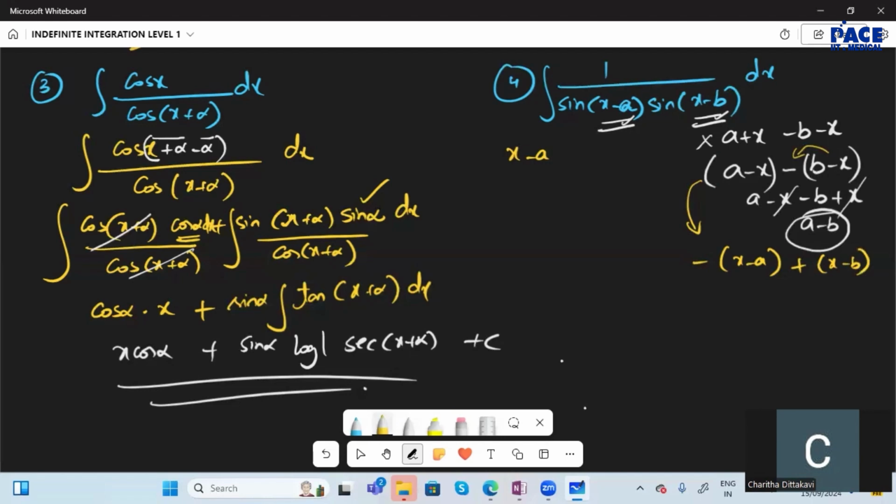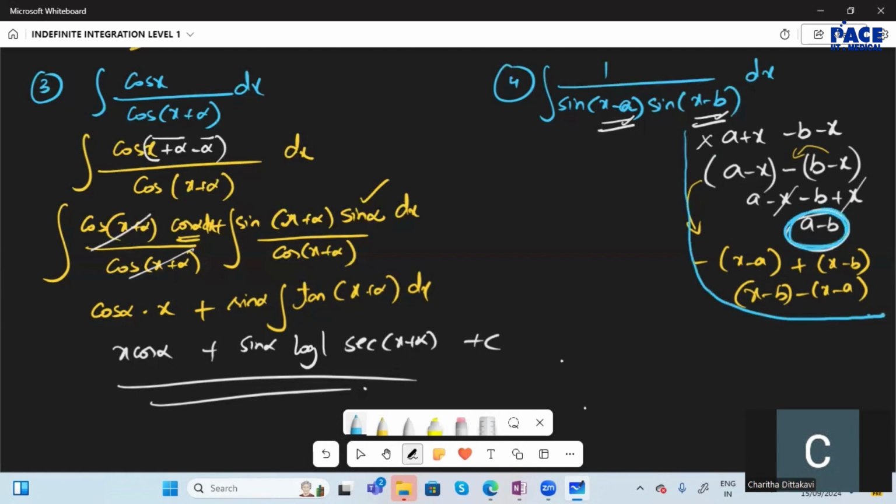So finally, what I can conclude, this is nothing but x minus b minus x minus a, right? Which is the same as multiplying your a minus b on both the numerator and your denominator, right? Okay, so this is all the rough work we have done.